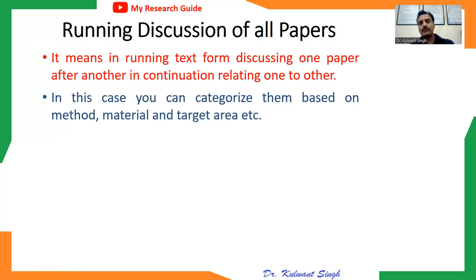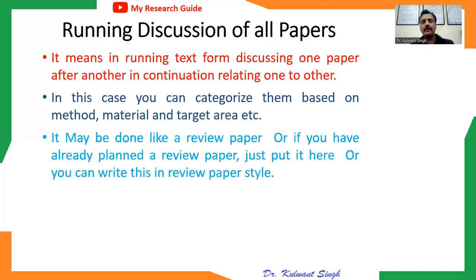In this case, we can categorize them based on the method, material, or target area, so we can easily write the running discussion on a particular method, a particular material, or any targeted issue we can select from our topic.